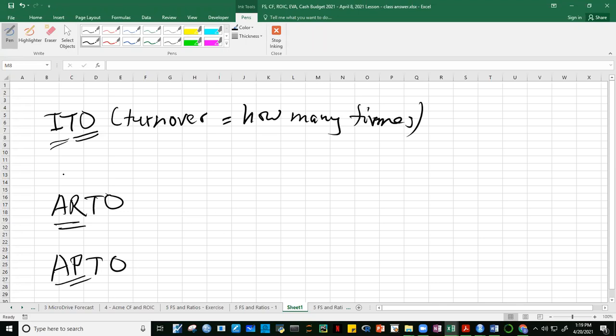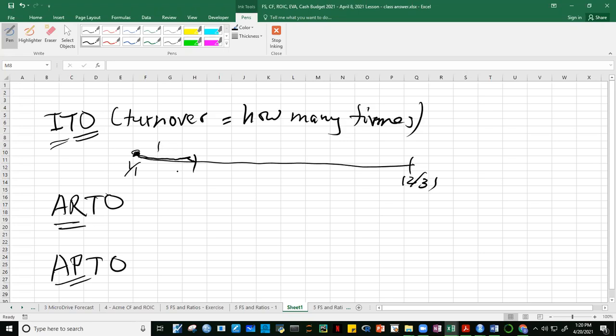So what does inventory turnover mean? Let's suppose we start with January 1 and go up to the end of the period, 12/31. Let's say the company bought raw materials, converted it into finished product and then sold it.